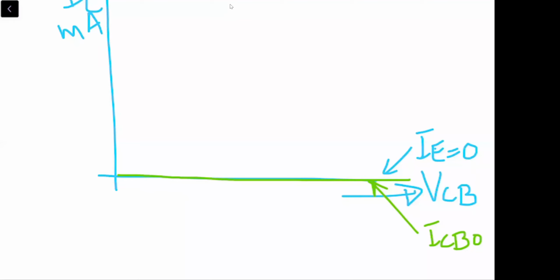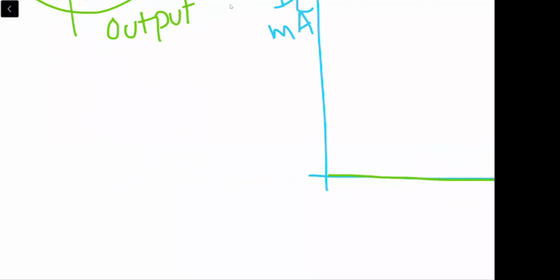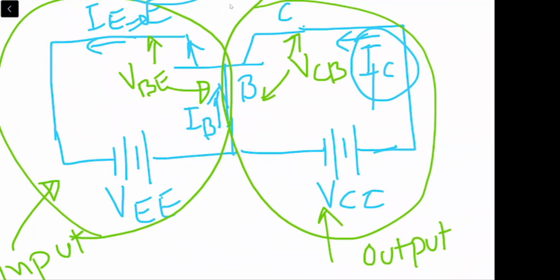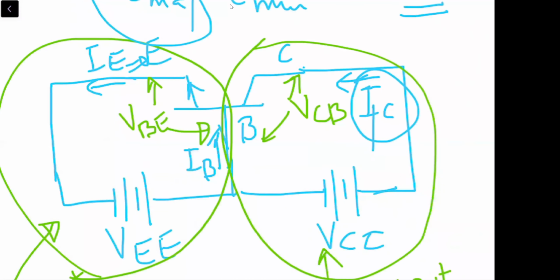I go back to the circuit over here, and if I make this VEE variable, it means I can increase the biasing potential of the input circuit VEE.